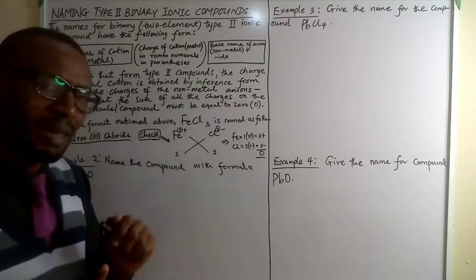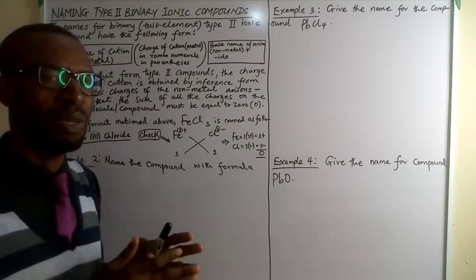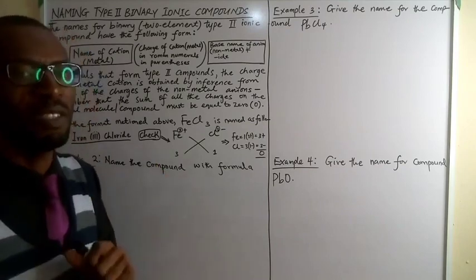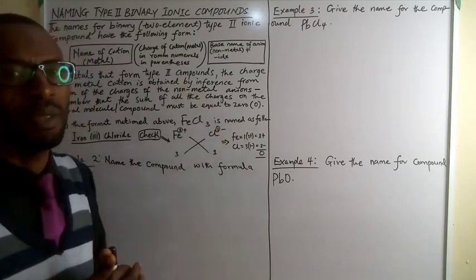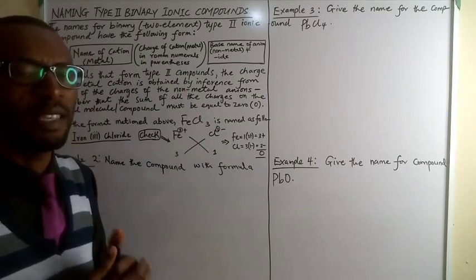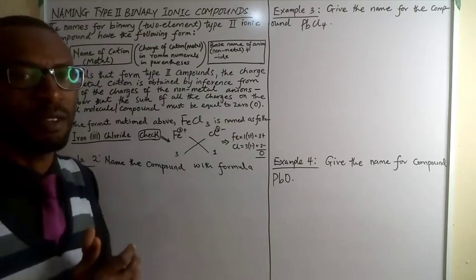So to determine the exact charge of a particular transition metal in a given compound, we must find the sum of the charges of the anion, because that gives us insight into the charge of the metal or cation.